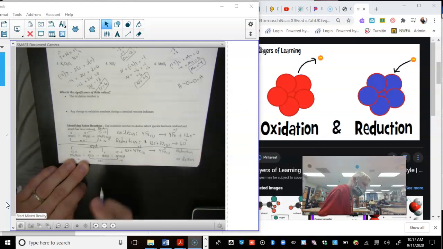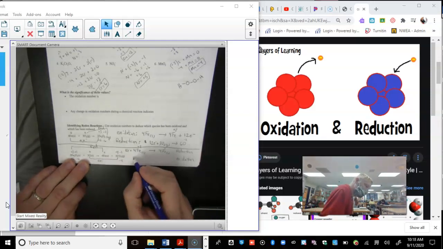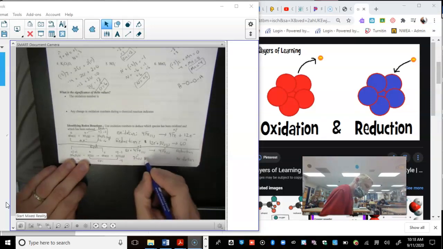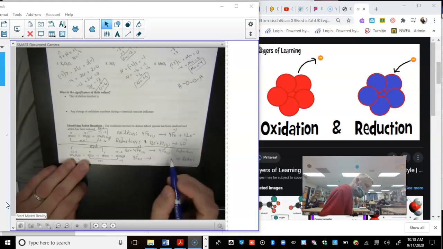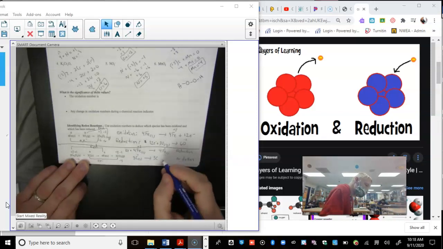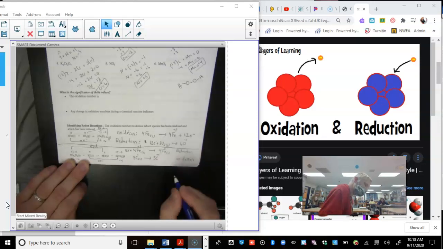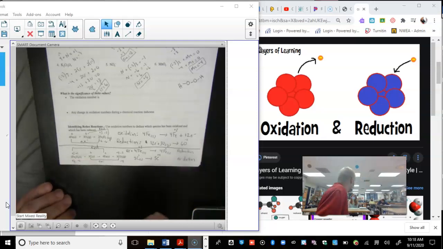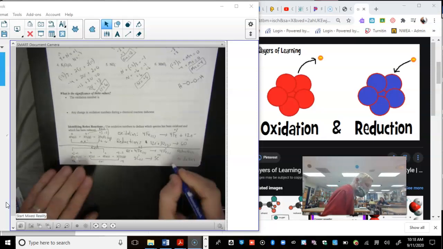Okay. We're starting with 3 carbons. And we're ending with 3 carbons. Let's see, 3 carbons. Oh, plus 4. And when something's being oxidized, it is losing electrons.